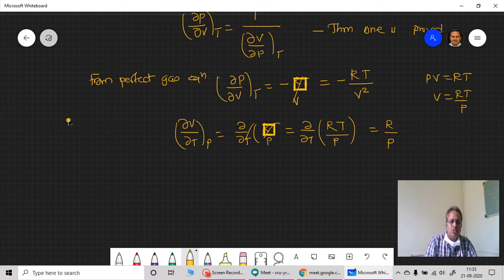And finally we have to go for another. Now I can write a similar relationship, T is equal to PV upon R. So the third differentiation I have to get is the differential of T, the third variable, with respect to the first variable, keeping the second variable constant. So here also P. Now in the differential of T with respect to P, V and R will remain as it is, and the differential of P with respect to P on the right hand side is 1. So it becomes simply V upon R, which is constant.